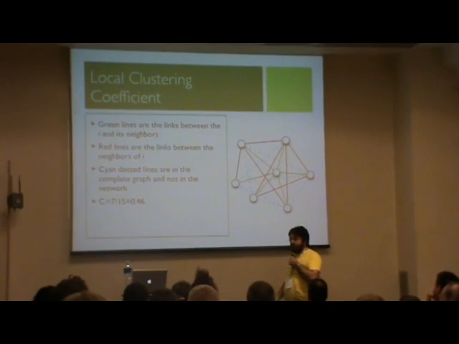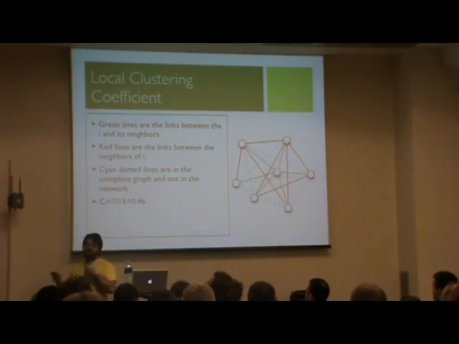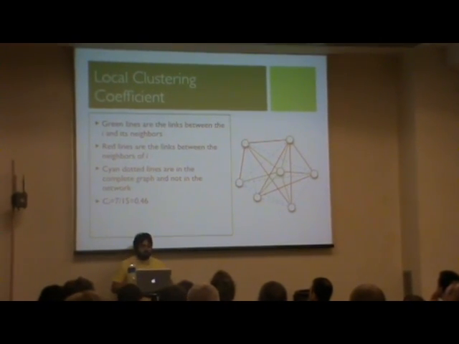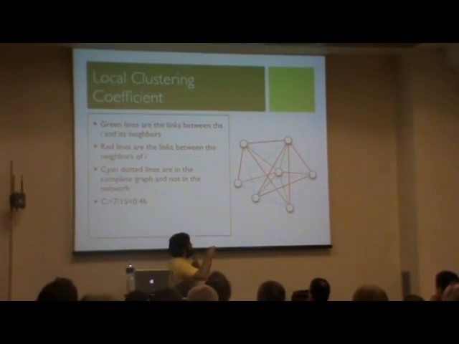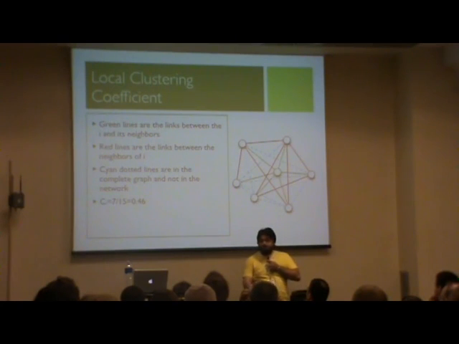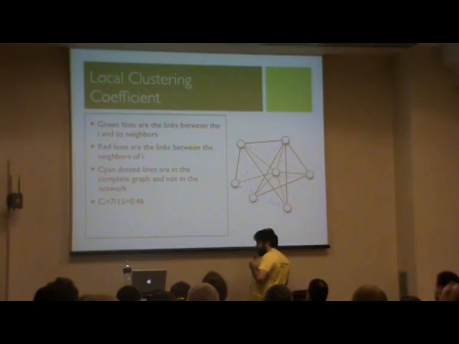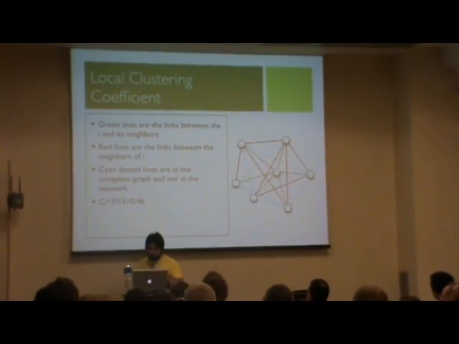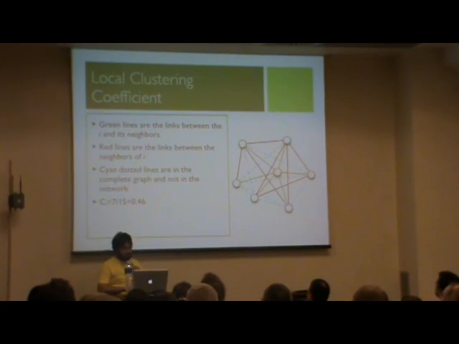So that is link density, the edges which are actually in the network, and the edges which are not in the network that could be if it was a complete network. And in this example, the local clustering coefficient of this node is 0.46 because it has 7 connections between the neighbors and 15 possible edges.